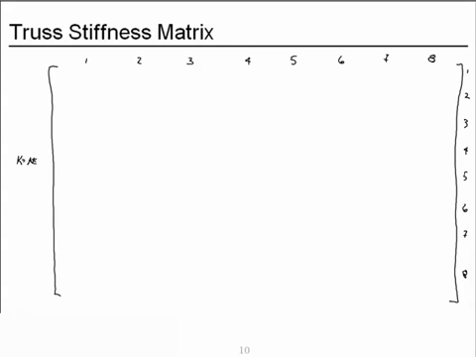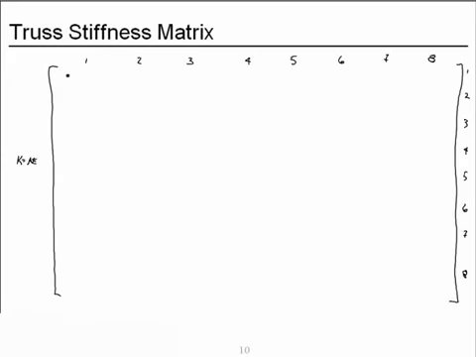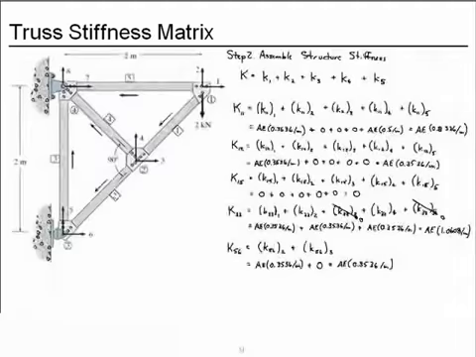And let's work in chunks, 2 by 2 chunks, because there are 2 degrees of freedom at each node. So if we look at 1, 1, we calculated that one and found it to be 0.8536 per meter. For coefficient 1, 2, we calculated it to be 0.3536 per meter.